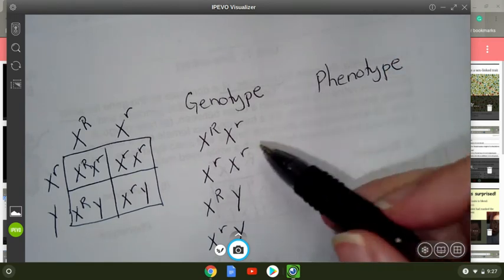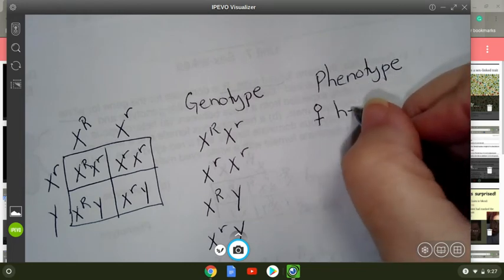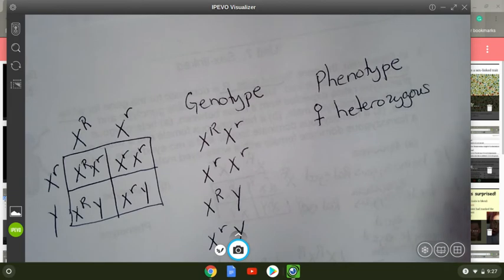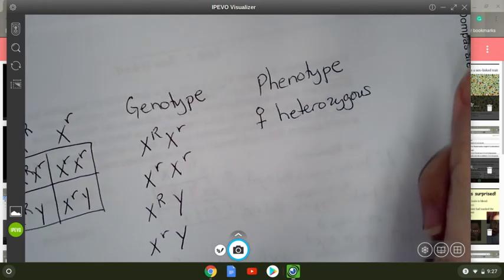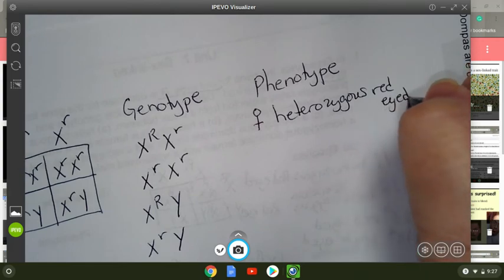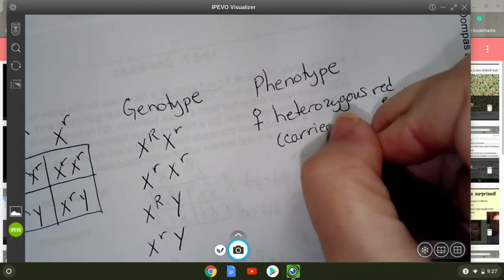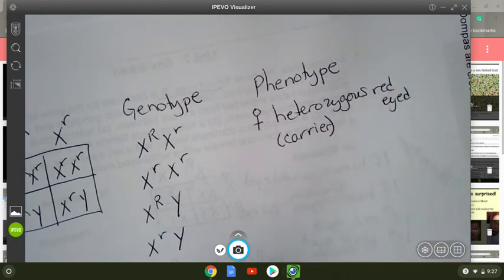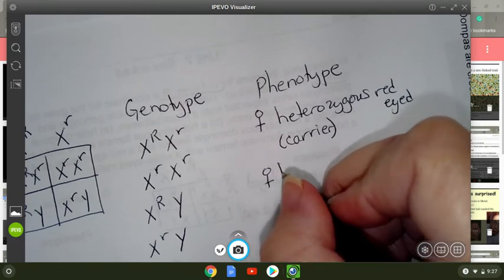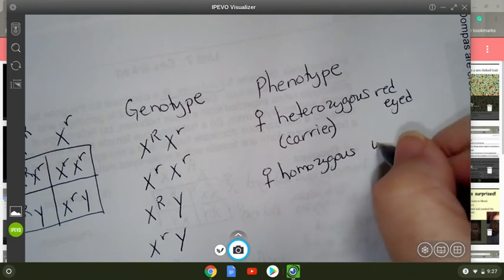For this one, we have a female that is heterozygous because she has one of each, and she is red-eyed. Since she's heterozygous, we know that she would be a carrier. This one is a female homozygous, and she has white eyes.